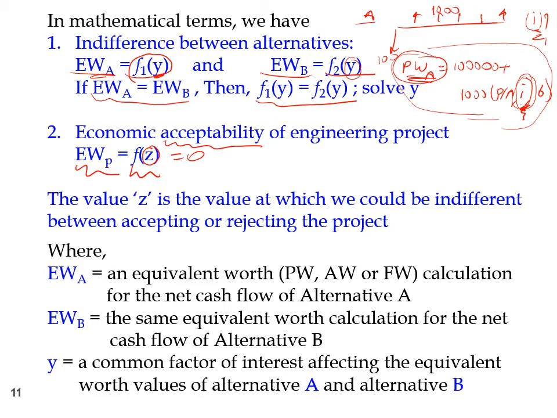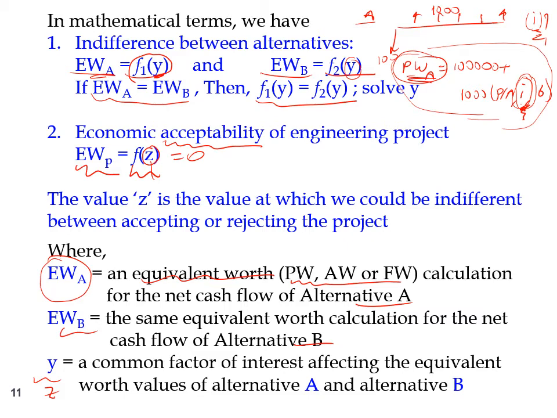If it is less than z, you can say accept the project, and if greater, reject the project, or vice versa. Okay, depending on this break-even point, you can make your analysis. Here, equivalent worth of A, this notation, indicates the equivalent worth, which can be present, annual, or future worth of alternative A. Similarly, this is for alternative B, and here y and z are actually the common factors of interest for us.